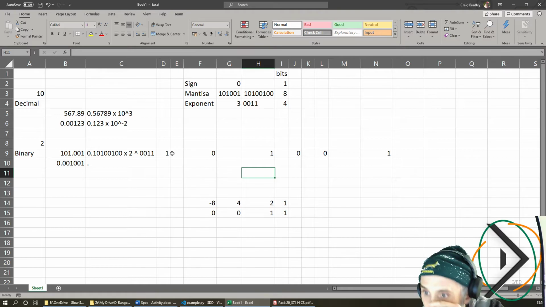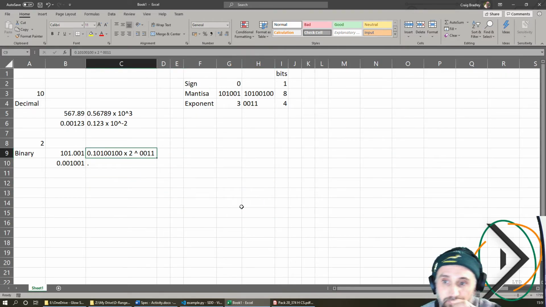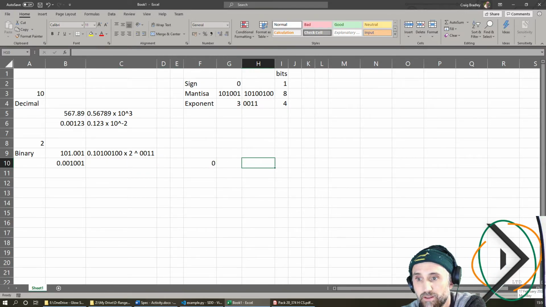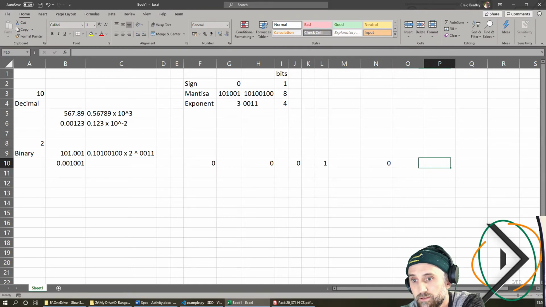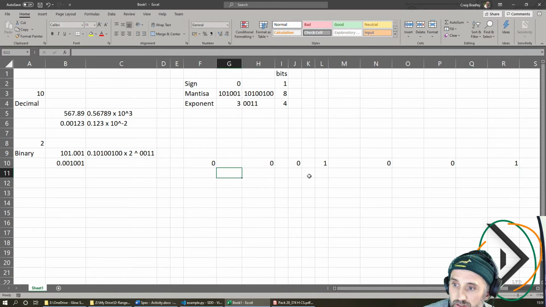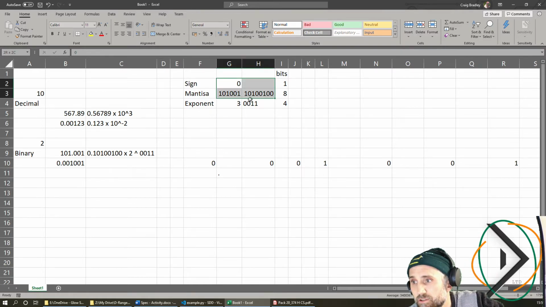Alright, the next example is going the other direction, because now it's 0.0001001, and my decimal placeholder is over here. So now we need to move it to the right. I'm going to delete this again.